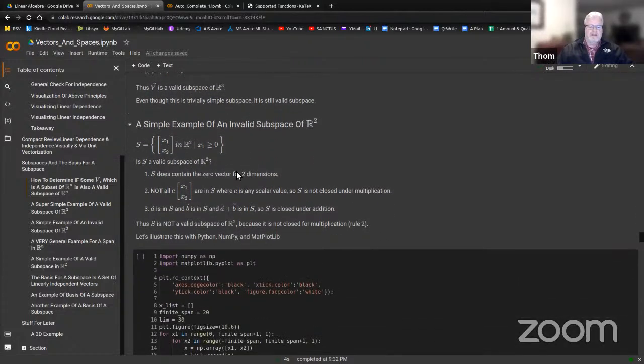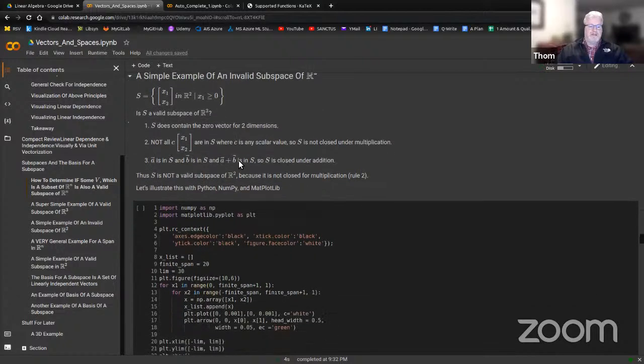Okay, another simple example. We've got x1 and x2, so this is any value x1 and x2 for a 2-dimensional vector. And we're saying it's a set in 2-dimensional real space, but the condition is that x1 is always greater than or equal to 0. So we're going to ask, is S, this set of vectors, a valid subspace in 2-dimensional real number space?